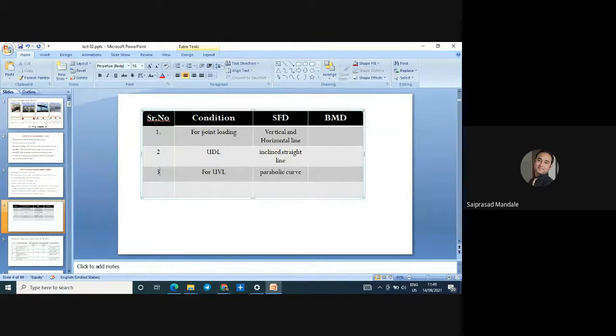When there is a point load, we have to draw vertical and horizontal lines only. When there is a UDL, we have to draw inclined lines. When there is a UVL, we have to draw a parabolic curve.